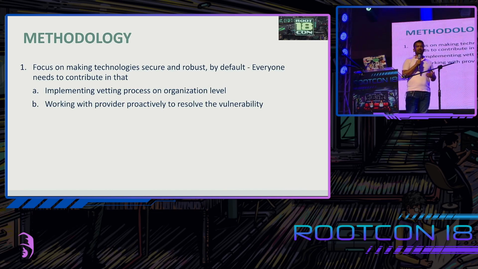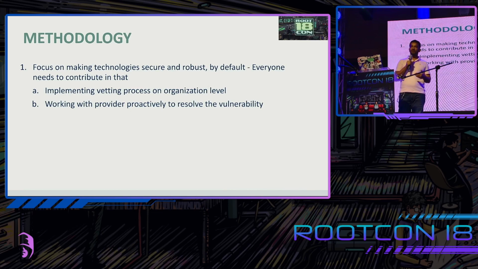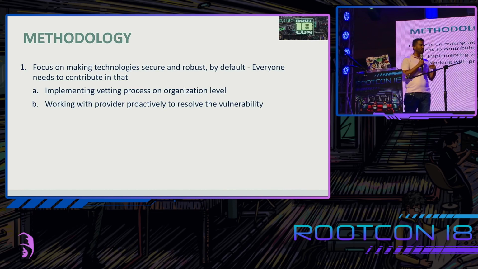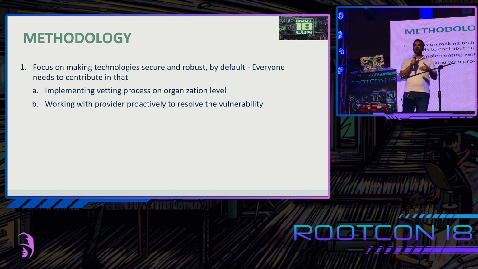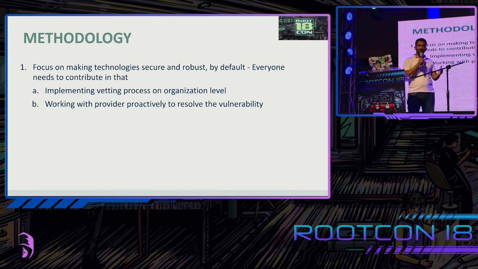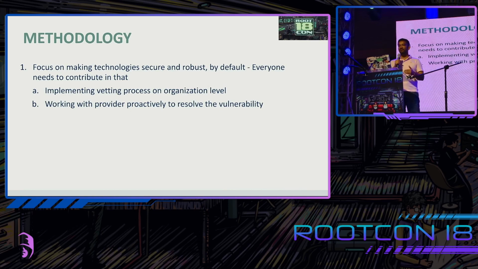Whenever we are consuming any software, can we look at that software as we are building it and work with the software provider, making sure that whatever we have identified, whatever vetting process we have done as an organization, is getting fixed.